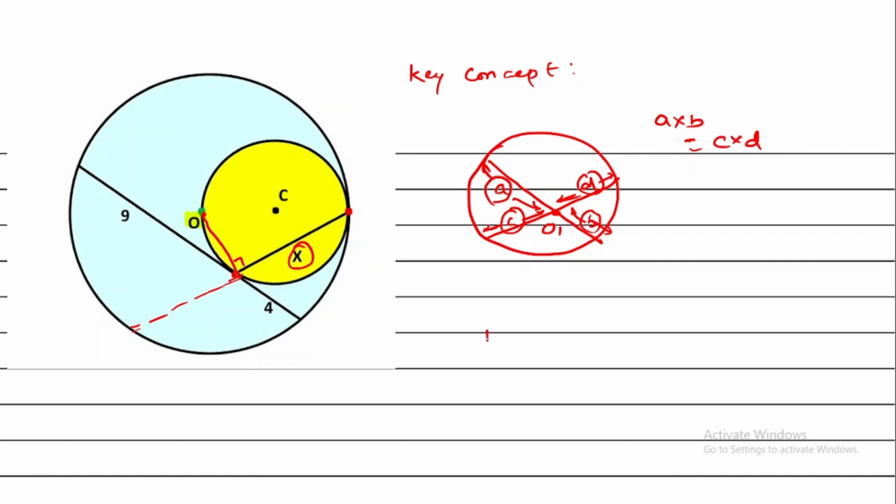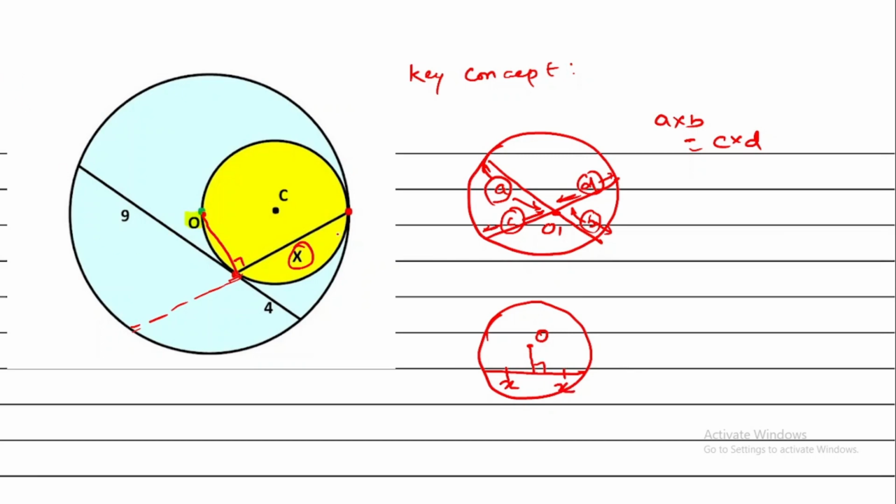In a circle, if you draw a perpendicular from the center on a chord, it will bisect the chord into two equal lengths. So if this is x, then this will also be x.